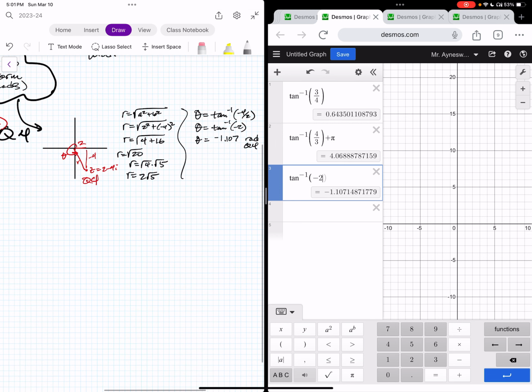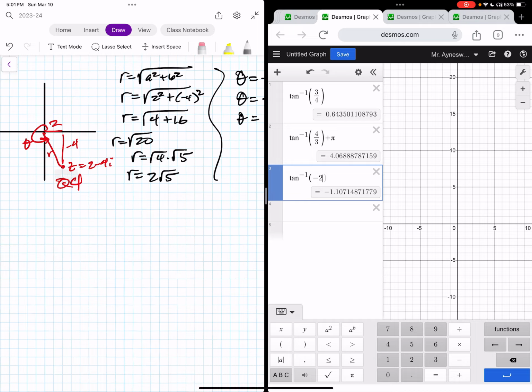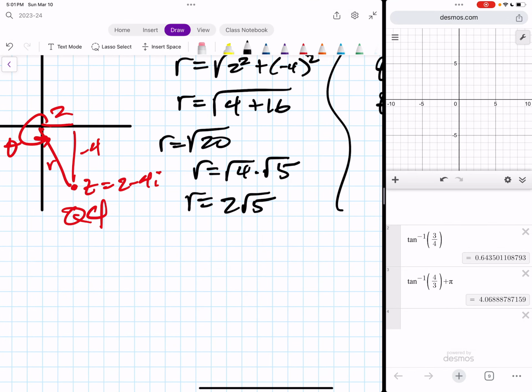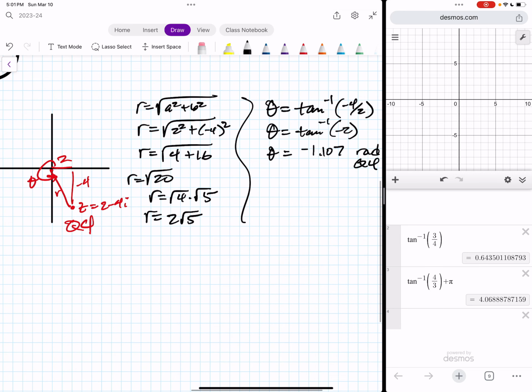Now we don't want that, right? This angle is negative 1.1, and everybody knows this is a clockwise rotation. We don't want that. We want theta as a positive angle between 0 and 2 pi.